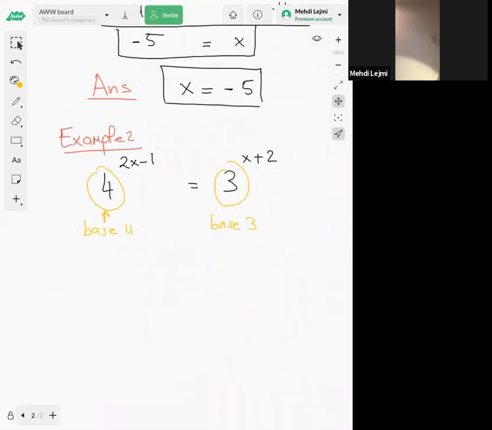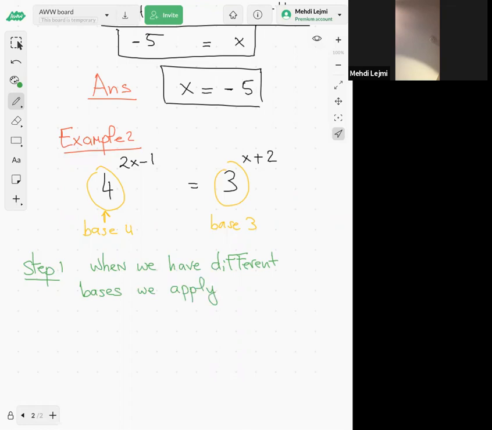So the idea is, because the bases are different, we're going to apply a natural log. So in step 1, when we have different bases, we apply natural log.